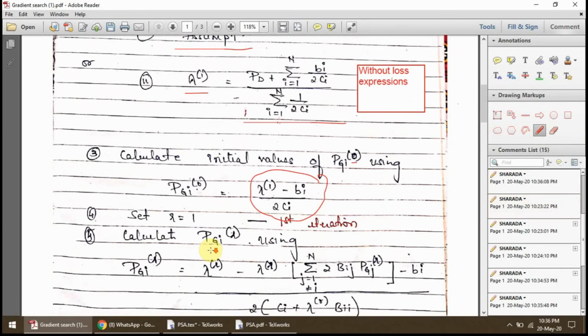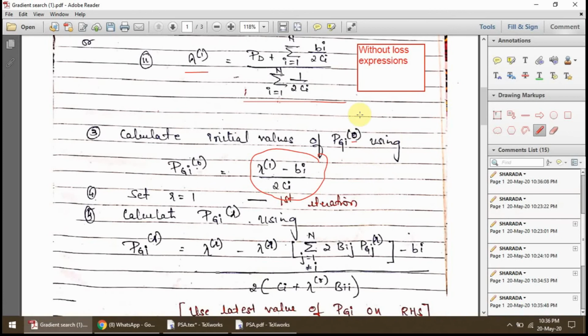Next, we have the initial value of power output. For step number 5, we require the previous iteration value. Since for the first iteration, the previous iteration value is the 0th iteration value, we are again using the without-loss power output expression that we used in the previous derivations.